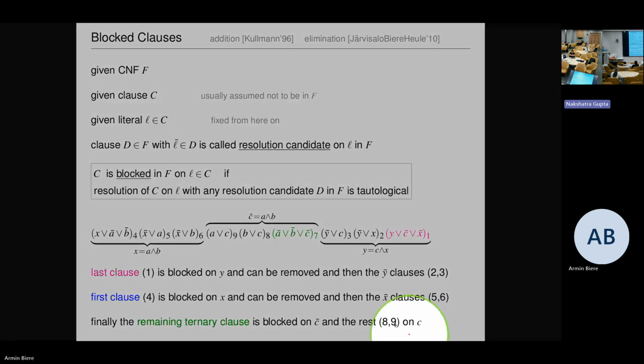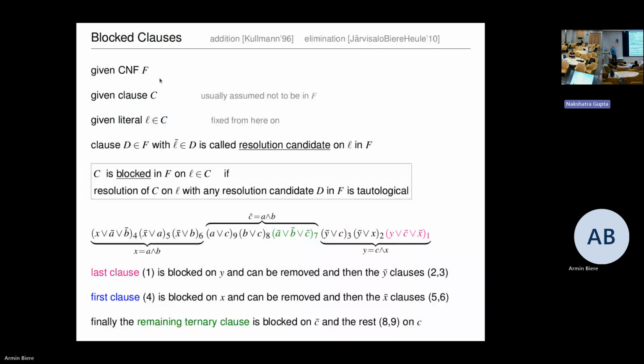All right, so what's a blocked clause? Well, there's a formula F and you have this clause C, and this clause is redundant with respect to the formula, so you can add it or remove it. This is the adding or elimination. And then here's one criterion for when you're allowed to do this. You pick a literal in the clause, only one. When I first saw this, I didn't believe that one is enough.